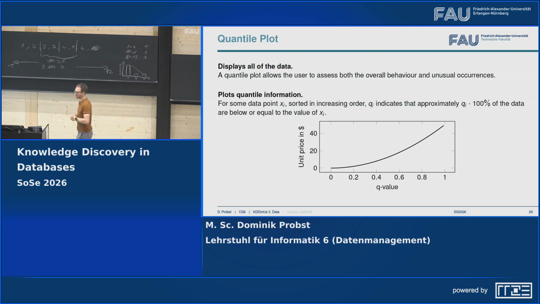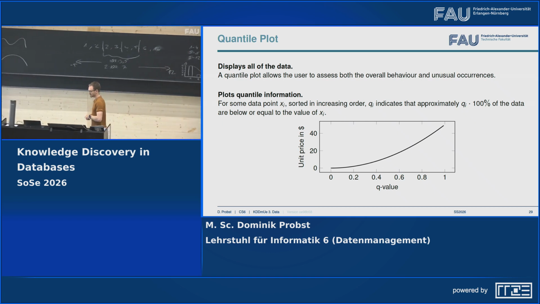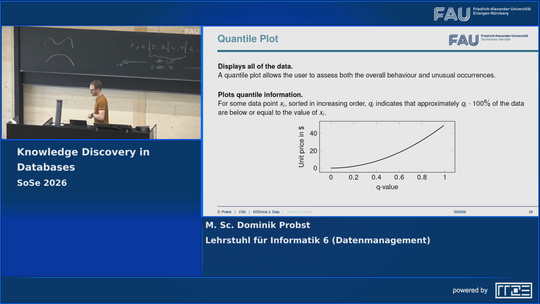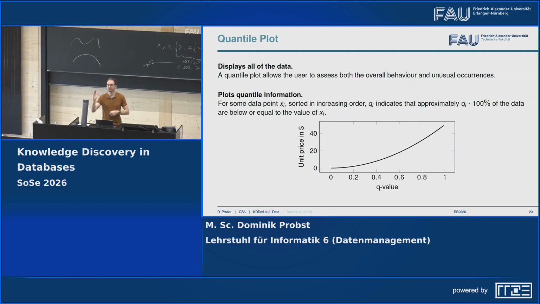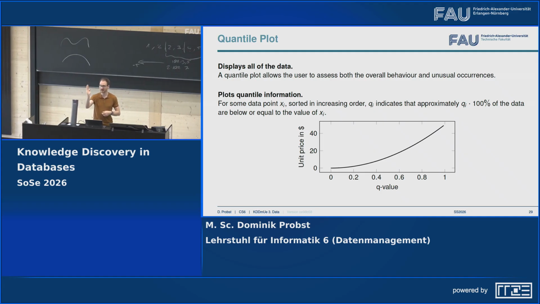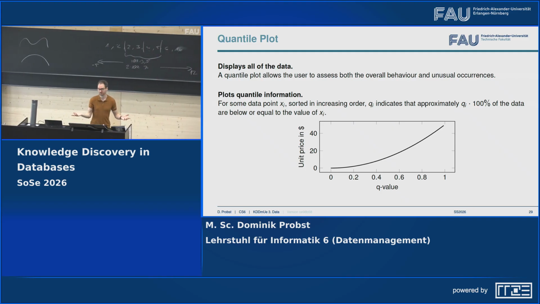So if we define a quantile at 1%, it means that 1% of data has to lie below this value. And we can define a quantile for every percentage we want.